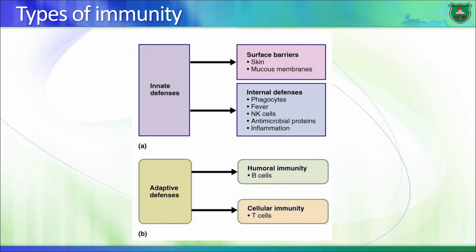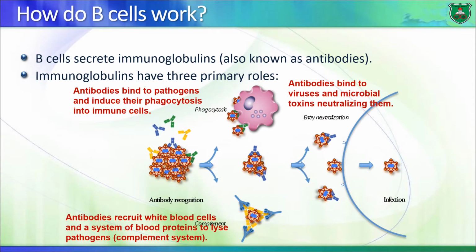So let's start talking about B cells. B cells represent a branch of adaptive immunity. Now, these B cells, once activated, secrete molecules known as immunoglobulins. These are also known as antibodies. What antibodies do is several things, but these are the 3 basic primary roles.